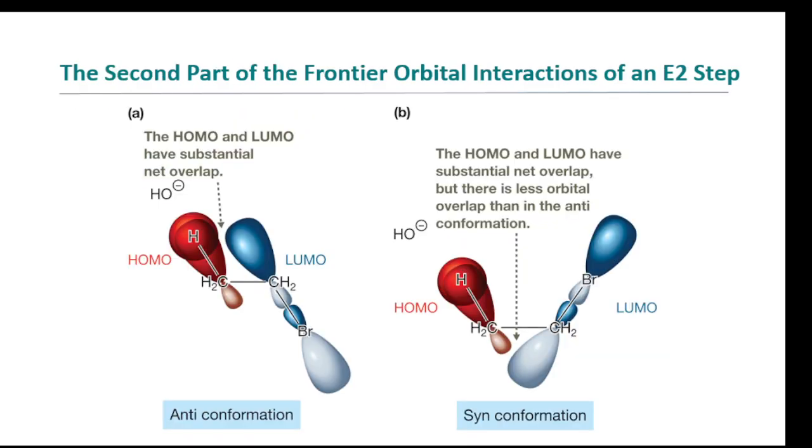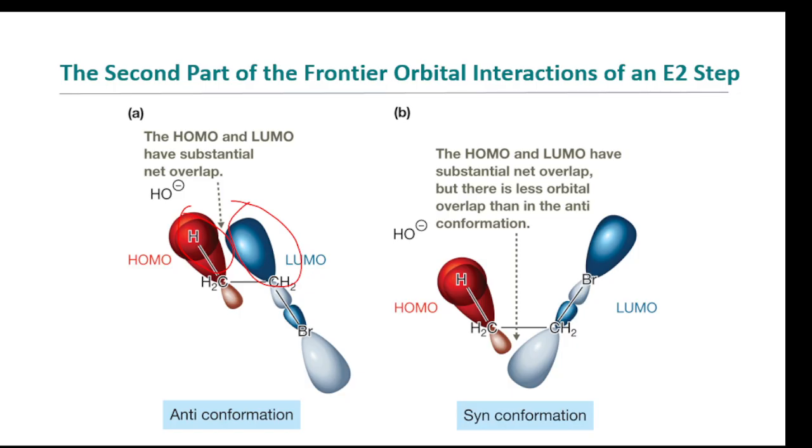Okay, and so the next part is going to be where we have this hydrogen right here on the carbon. And so what we see here is the HOMO and LUMOs. The HOMO is going to be this hydrogen here, and the LUMO is going to be this one right here. Okay? And that one is anti-bonding.